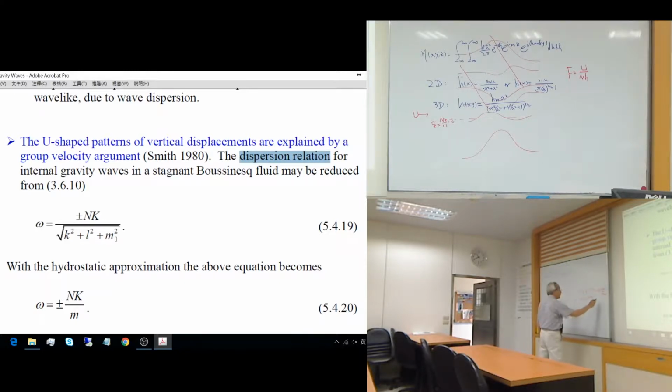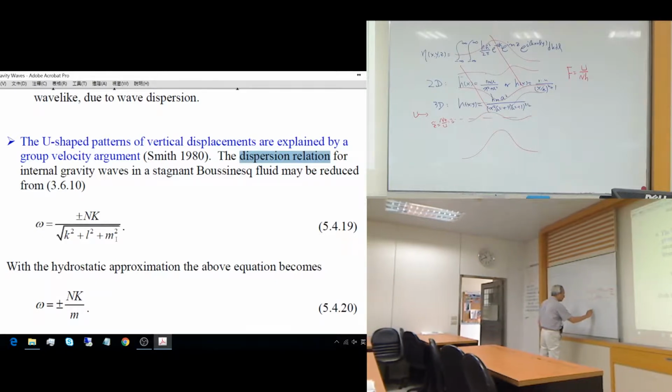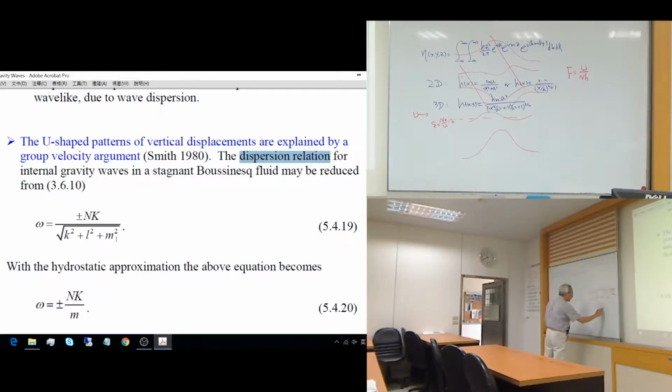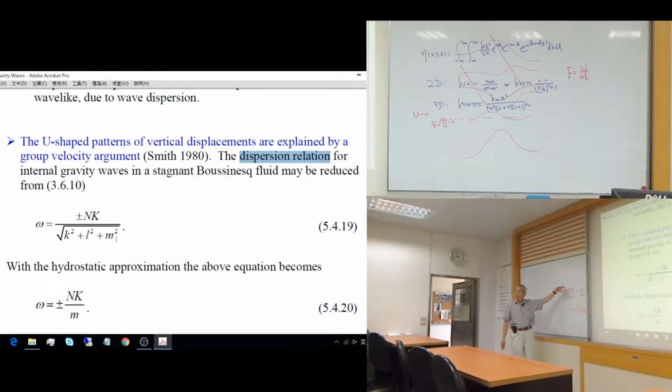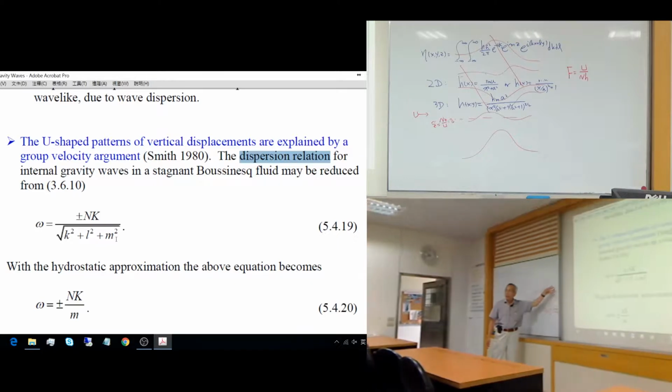If we do eta to eta hat equals 1 over 2 pi, or maybe squared here, integral from negative infinity to plus infinity of eta, and then e to the negative i(kx plus ly), dx and dy, this is the normal mode approach, and we call this wave number space.